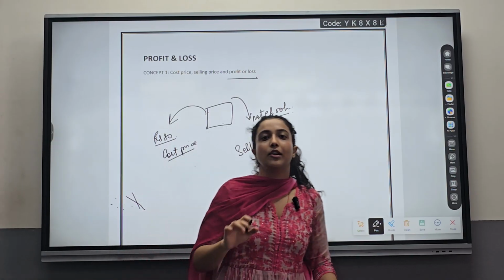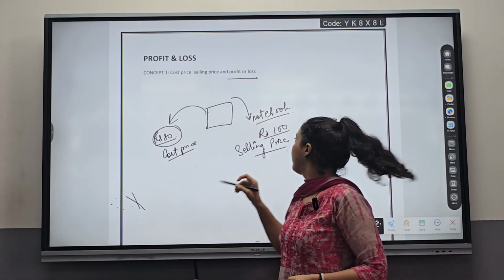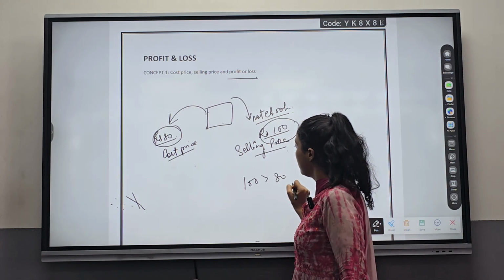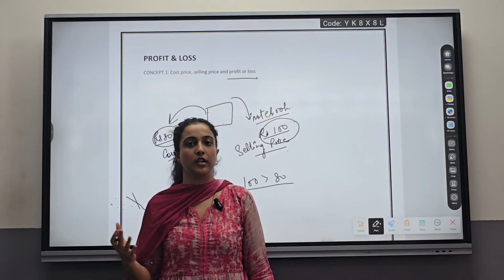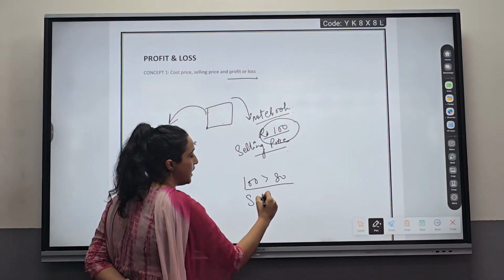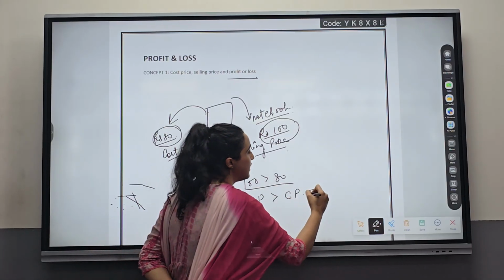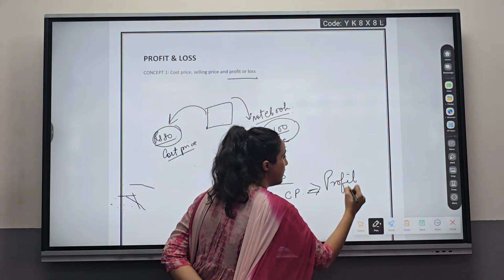Now you purchased an item for ₹80. You sold it for 100. 100 is greater than 80. You sold it for more of the amount than what you purchased it for. That is, your selling price was more than cost price. This means in this transaction, you incurred a profit, right?